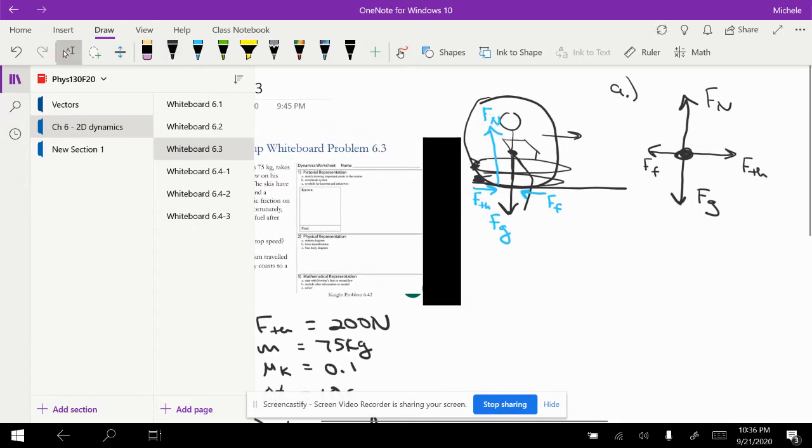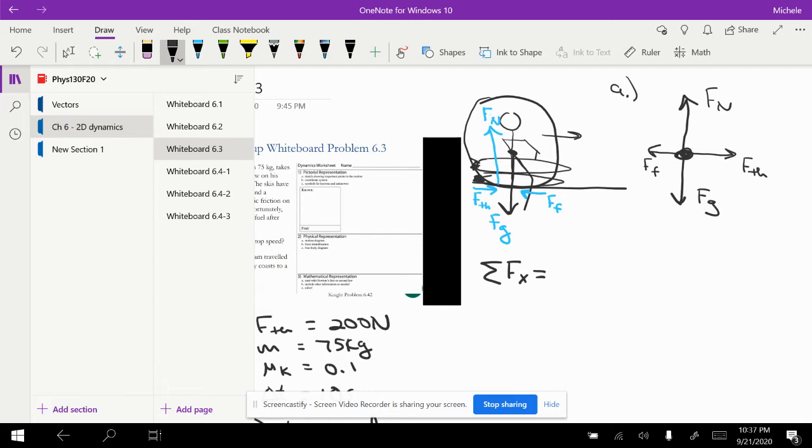Okay, so we're going to start with A. And so what we want to do is take our free body diagram and use that to create our equations for Newton's second law. So let's start with the X direction. So we're going to say the sum of the forces in the X direction. Well, we can say it's either equal to 0 or ma. And 0 would mean that Sam was either not moving at all or moving at a constant speed.